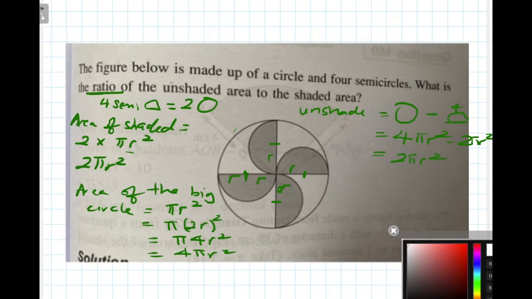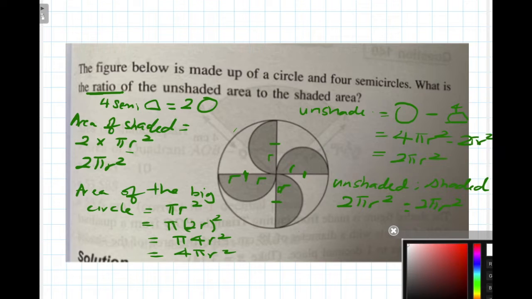Now it's asking you the ratio of the unshaded area to the ratio of the shaded area. So unshaded is 2 pi r squared, and the shaded is 2 pi r squared.